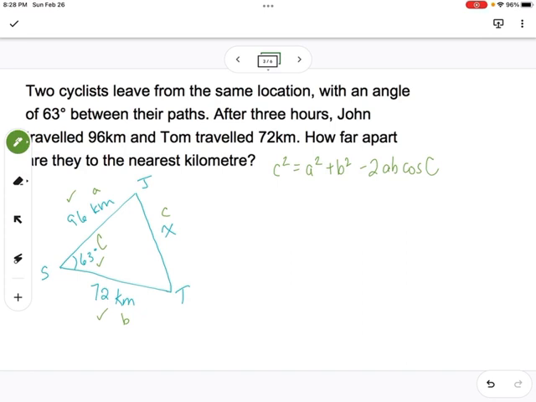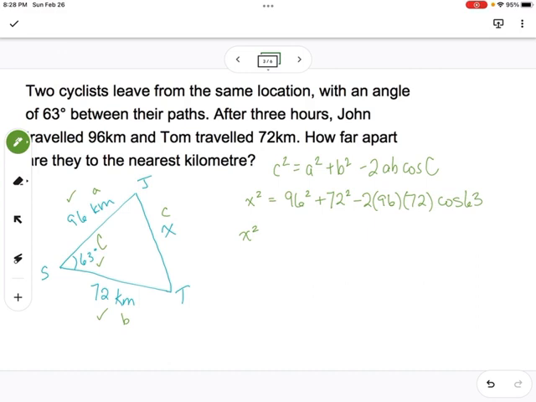Okay, so if we now put in all the values we know, C is x, so we have x squared equals, our A is 96 squared, our B is 72 squared, minus 2 times 96 times 72 times cosine C, which is 63 degrees. So our x squared.